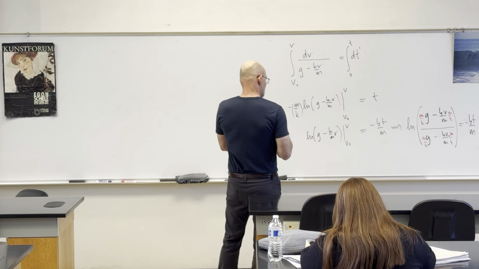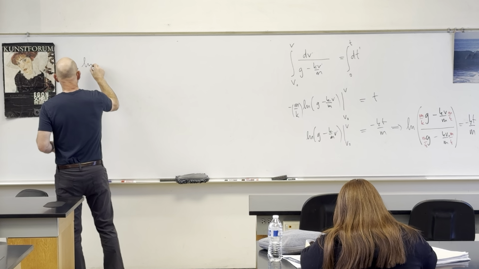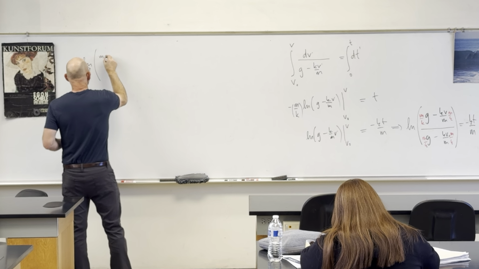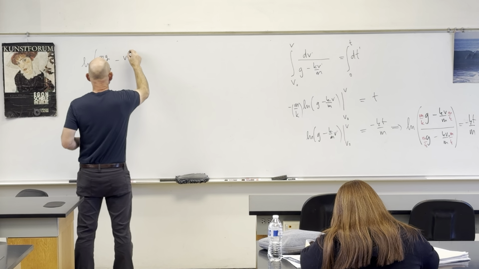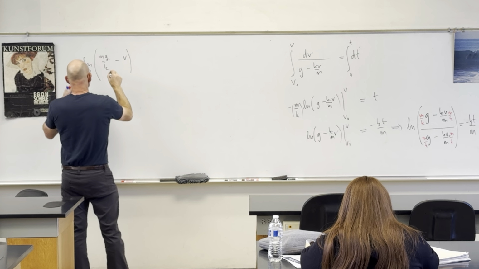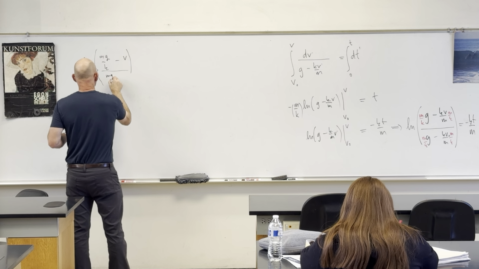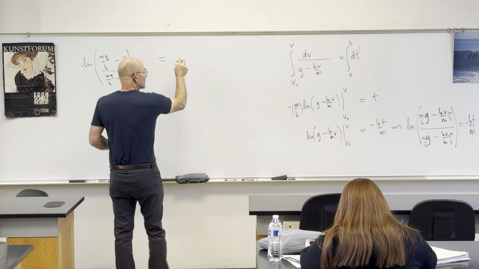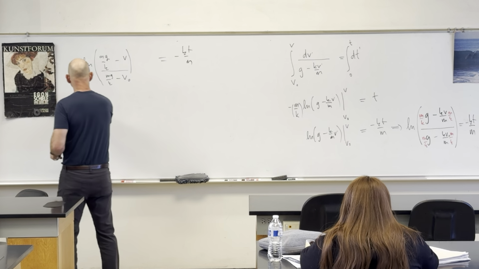So let's see, we have the natural log of (mg over k minus v) divided by (mg over k minus v naught) equals minus kt over m. And leave a lot of room here, because we want to exponentiate this whole thing.